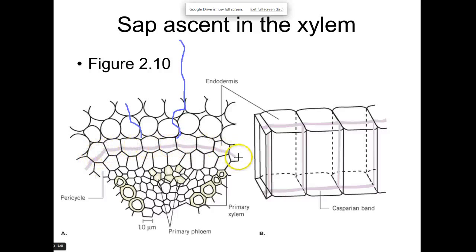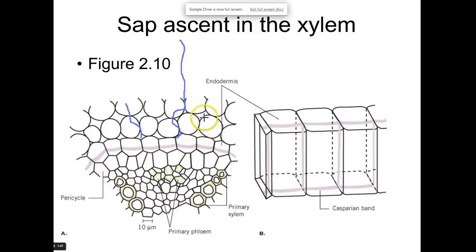This little pink layer is found in the endodermis. Remember, the endodermis is the layer between the pericycle and the rest of the root. What the endodermis has is waterproof sides. It's hard to see this, but this stops movement.